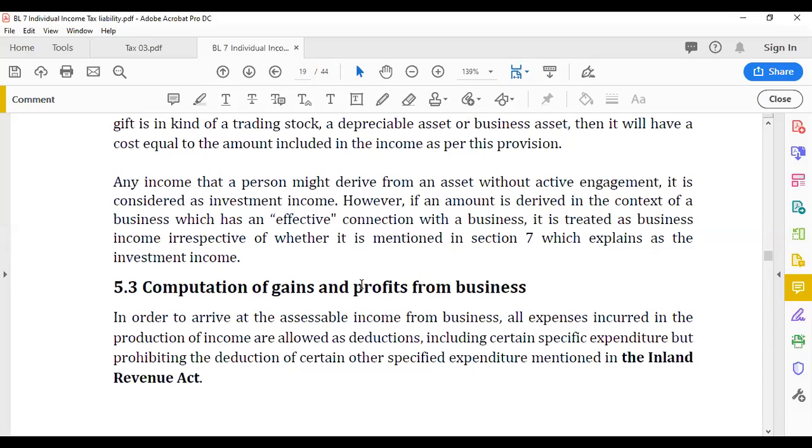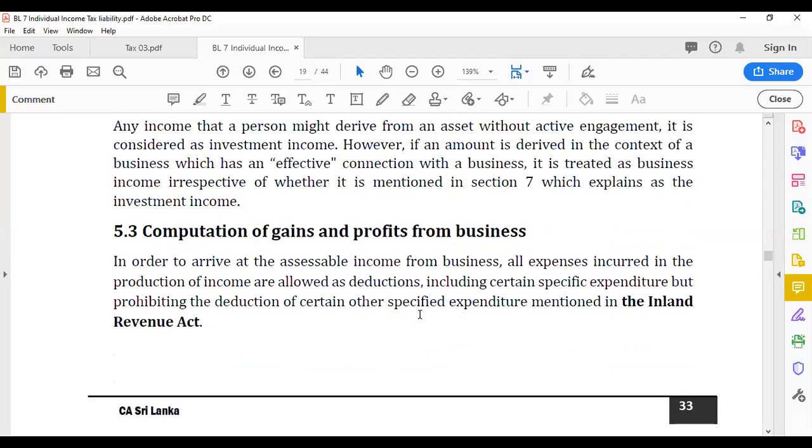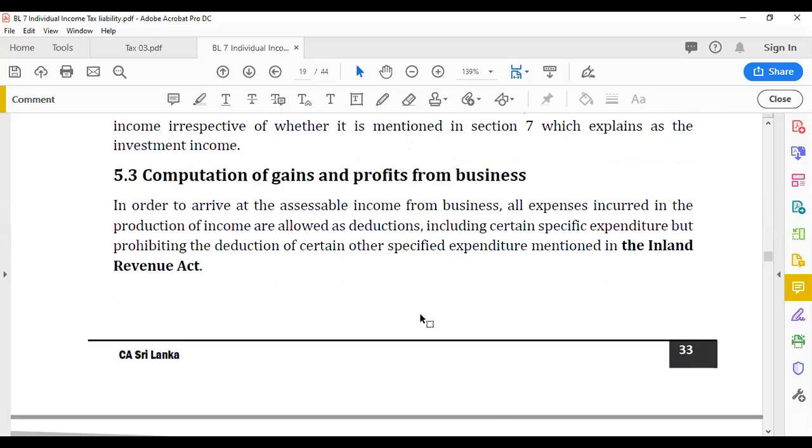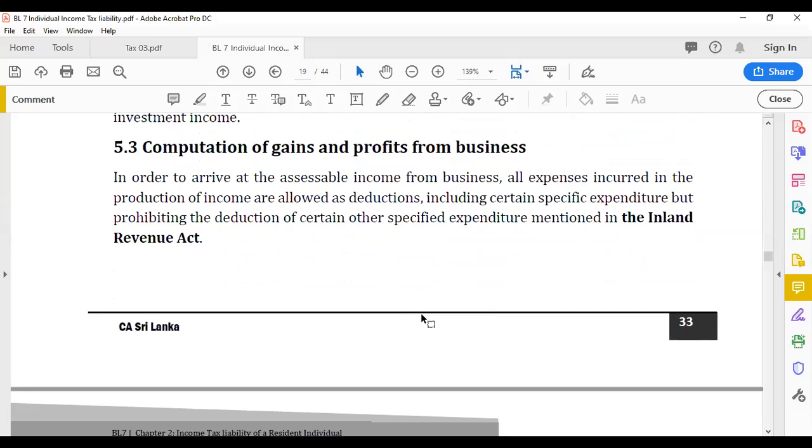So this section is about whether we have to consider that income as business income or investment income. Therefore we have to consider whether that income is effectively connected with that business. If it is effectively connected with business, we have to treat it as business income. Otherwise, we have to treat it as investment income. Right.